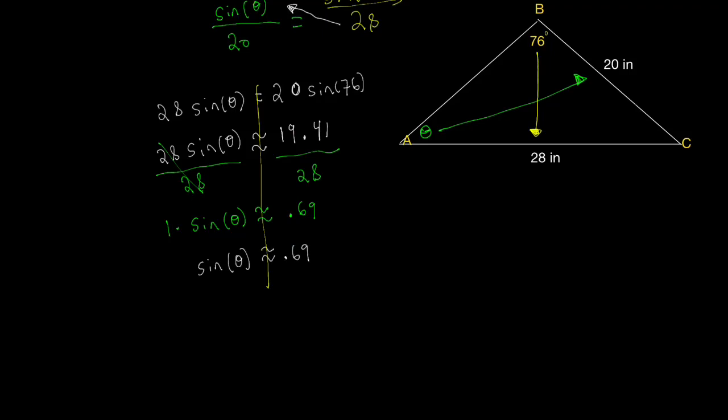So now we get sine of theta, because 1 times sine theta is just sine theta, approximately equal to 0.69. To isolate theta, I'm going to have to take the inverse. So compose the left, compose the right with sine inverse. So here I have sine inverse of sine of theta, and I have sine inverse of 0.69.